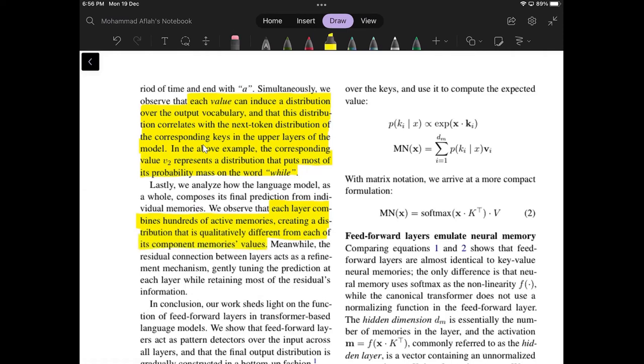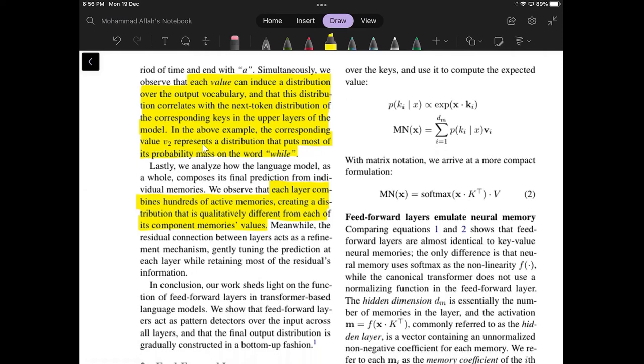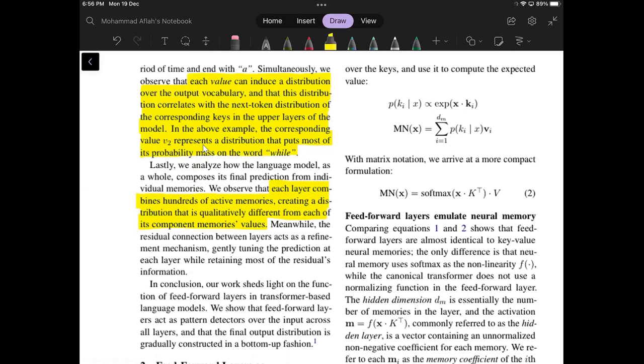So it's sort of taking everything, right? That is why it's different from everything inside it. Meanwhile, the residual connections between layers act as a refinement mechanism, gently tuning the prediction at each layer while retaining some of the residual information.